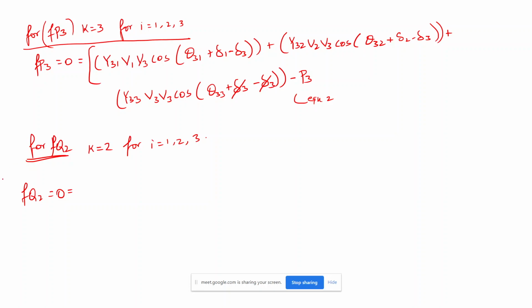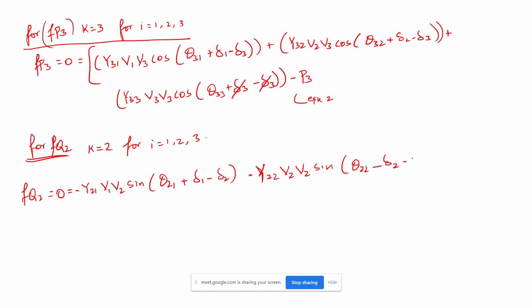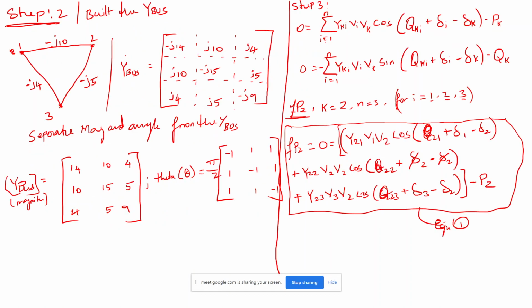So if that is the case, then we need to put minus here, minus y21 v1 v2 sin theta 21 plus delta 1 minus delta 2 minus y22 v2 v2 sin theta 22 minus del 2 minus del 2, and this will be cancelled because both are minus, and then minus y23 v3 v2 sin theta 23 plus del 3 minus del 2 minus q2. So this is from equation this q.